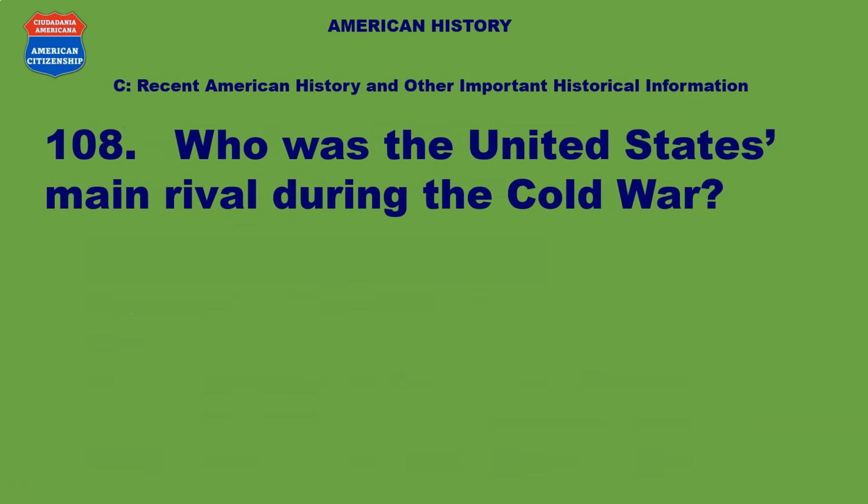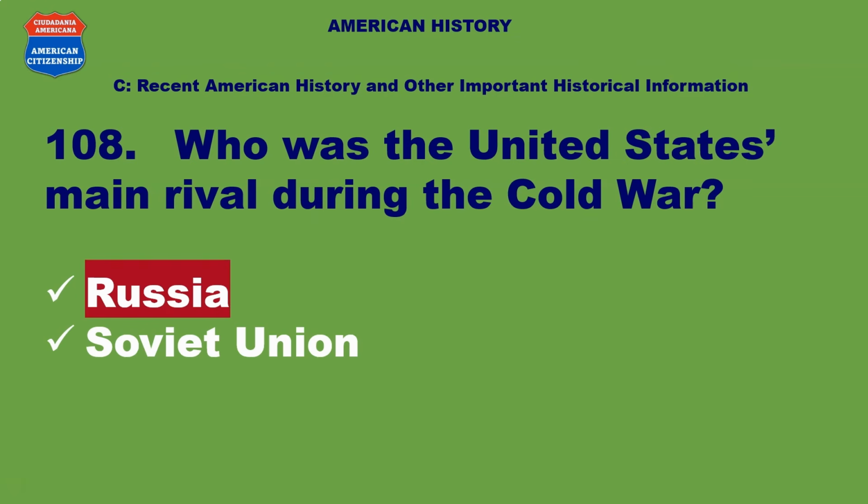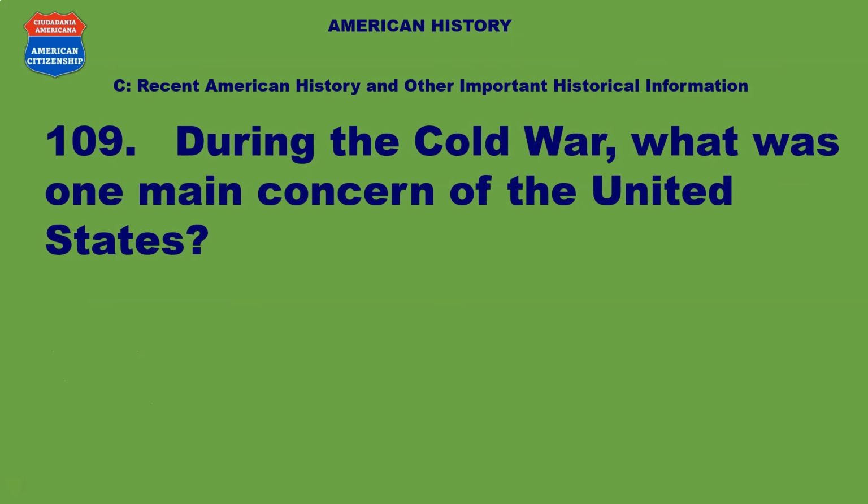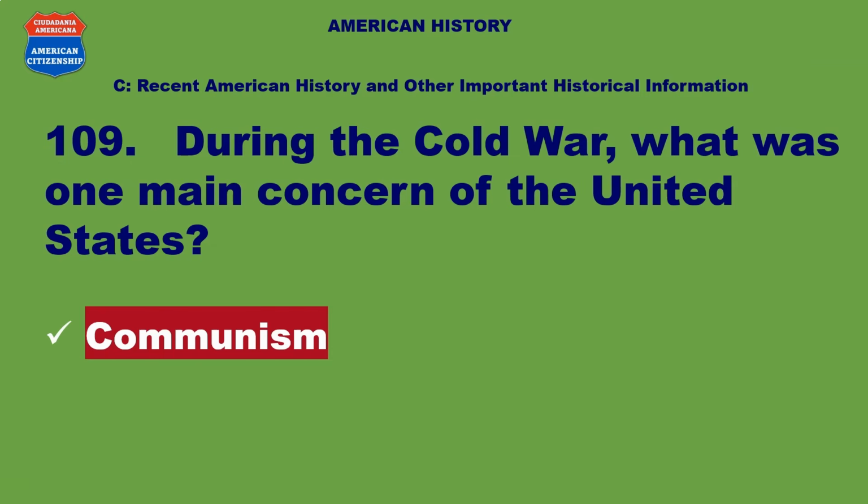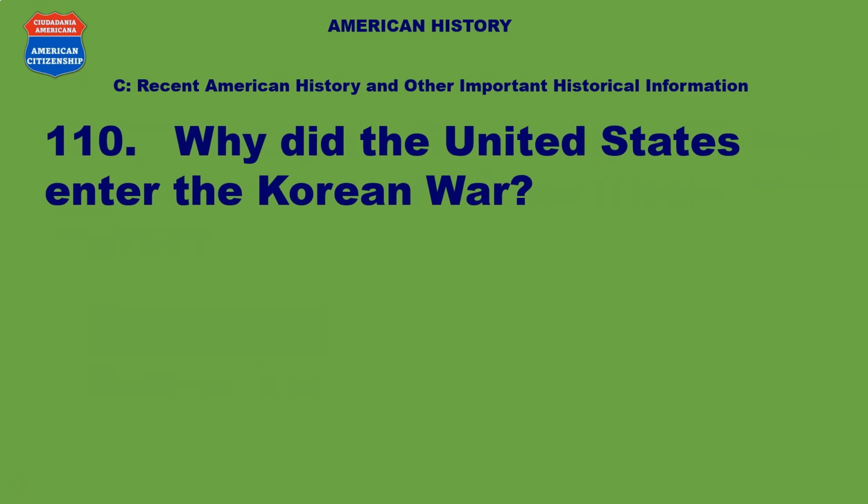Who was the United States' main rival during the Cold War? Russia. During the Cold War, what was one main concern of the United States? Communism. Why did the United States enter the Korean War?